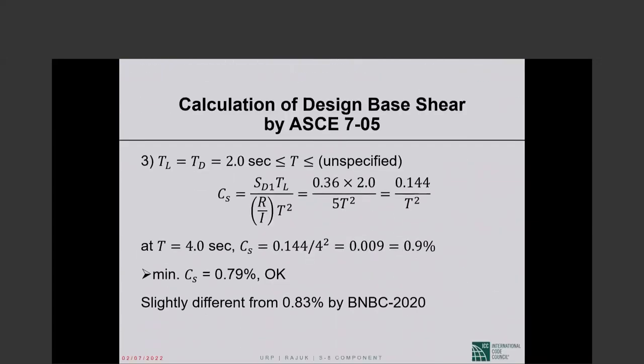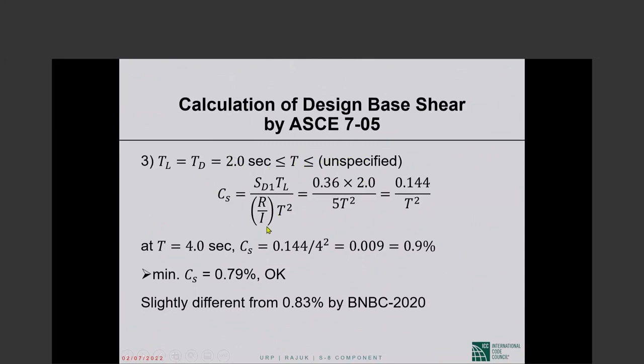I told you the two approaches give you the same numbers. So now beyond the long period transition period of 2 seconds, in ASCE 7 you can go as far as you like. In BNBC you are restricted to no more than 4 seconds.